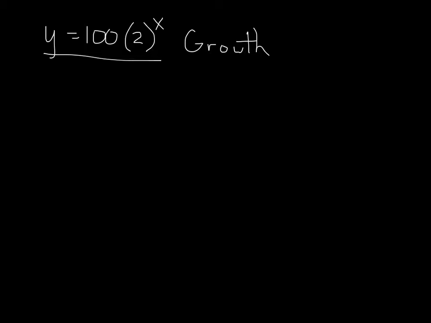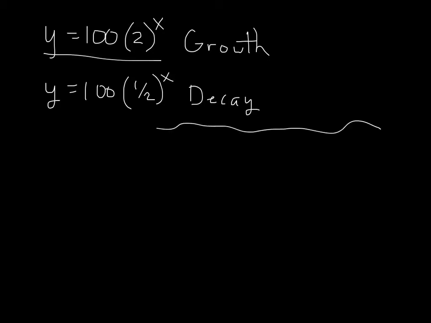What about another one that you may have seen within a science class, if you have a population that starts off with 100 but has a half-life, and it halves every day, every hour. We have to define what x is going to be. This would be a halving function, or you guys have talked about half-life. This would be considered decay.